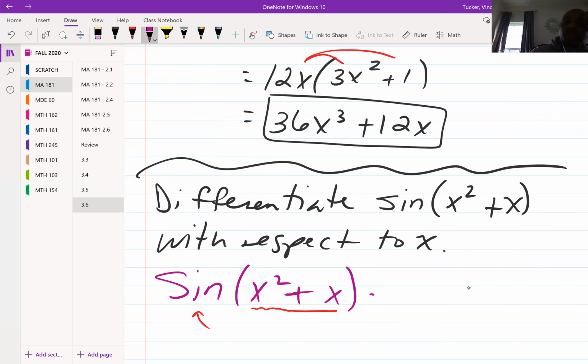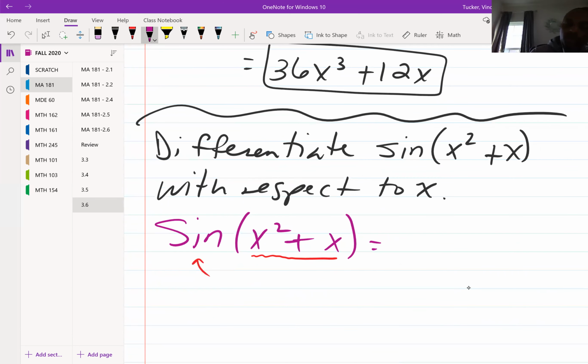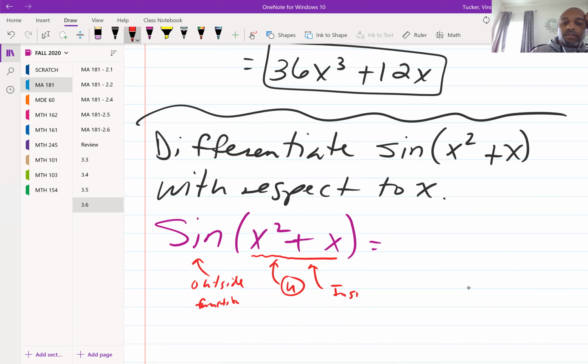So if you want to go through this process, then what you would do is let u be equal to x squared plus x. And then, of course, your y is that sine. Or you can look at it like I was saying before, is that you take the derivative of the outside, which is your sine function. So this is my outside function. This is my inside function.